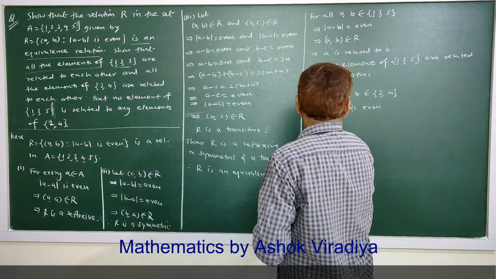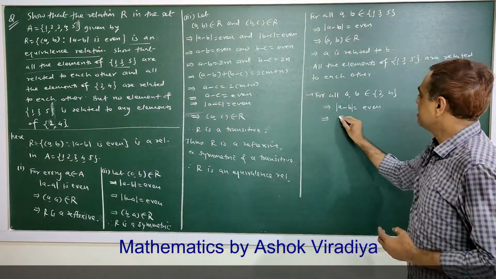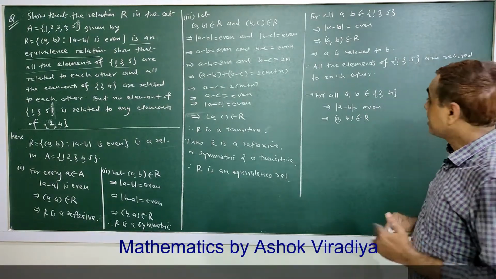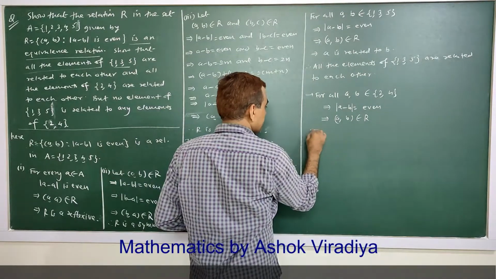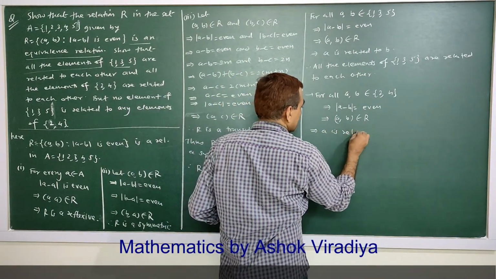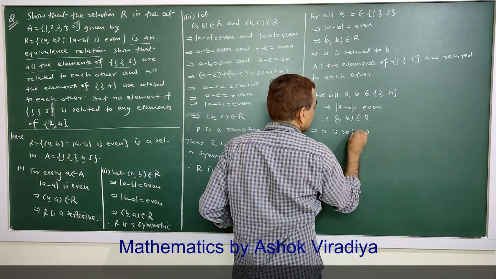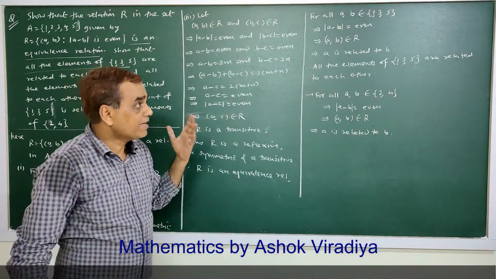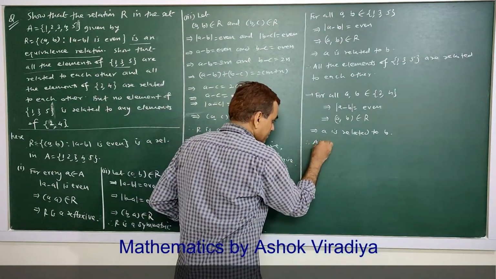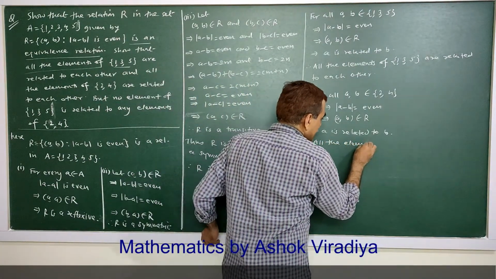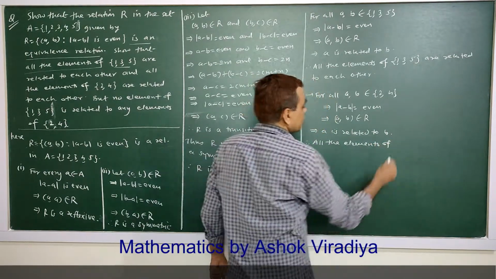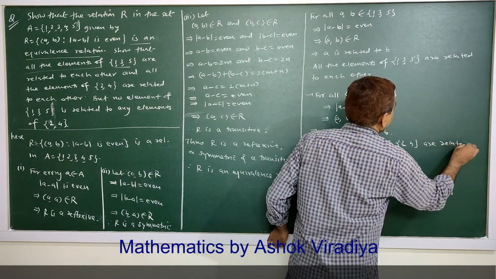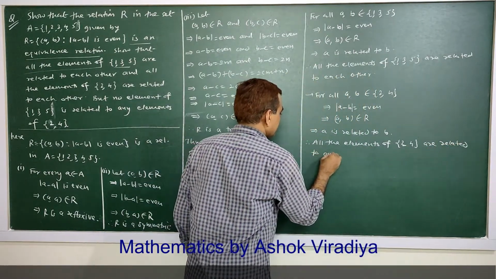Therefore, again, (a, b) belongs to R. That means a is related to b. So therefore, all the elements of {2, 4} are related to each other.